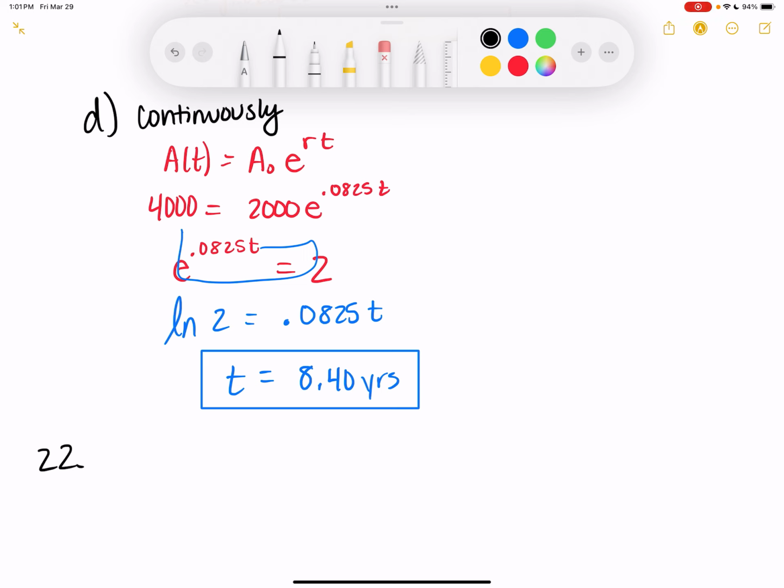If the decay of NP240 is modeled by the differential equation dy/dt is equal to negative ky, where t is measured in minutes, what is the decay constant k? Notice in this one they tell us that t is in minutes; otherwise we just assume years.